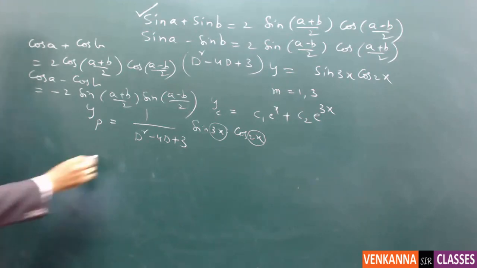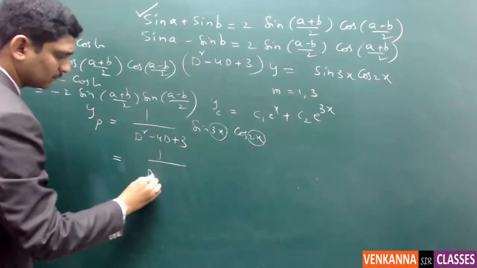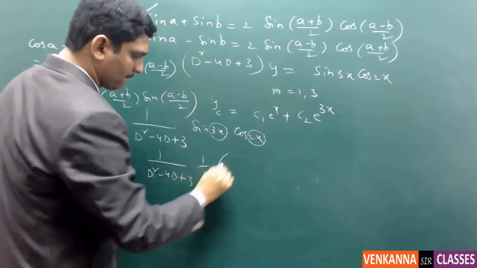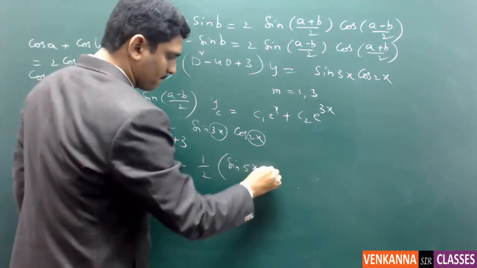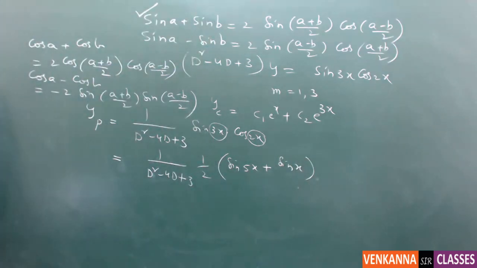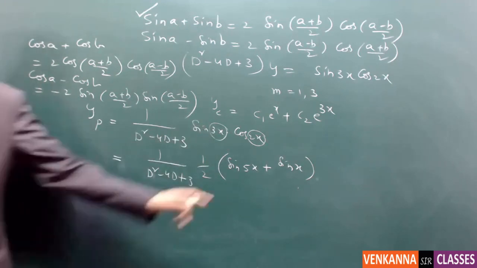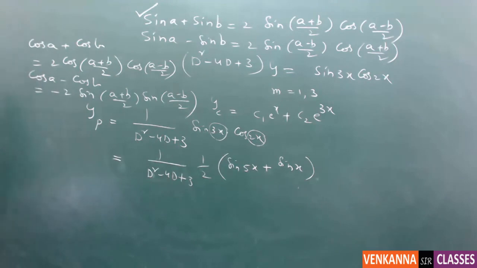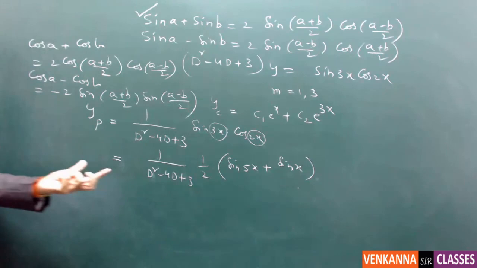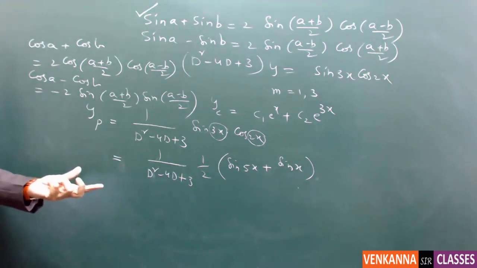So I am going to write it as, 5 plus 1, 6, 6 by 2 is nothing but 3x. 5 minus 1, 4, 4 by 2 is nothing but 2x. Accepted all? Since the product is split in the form of sum, we apply the previous method individually to each of them.